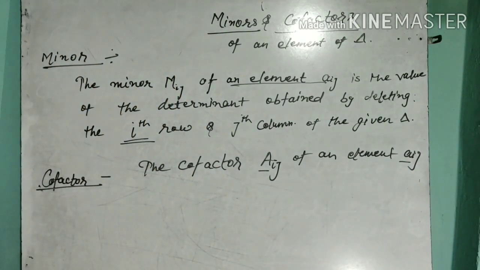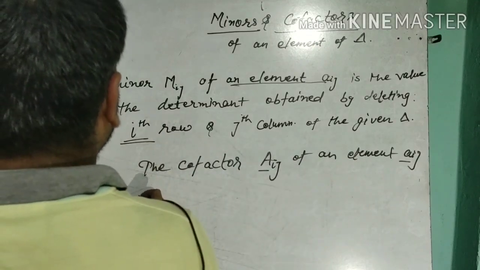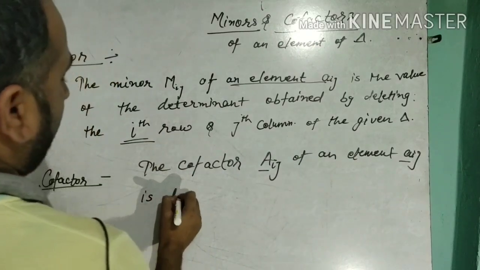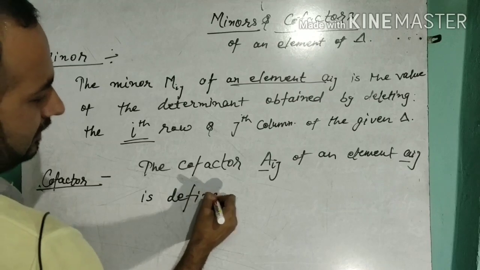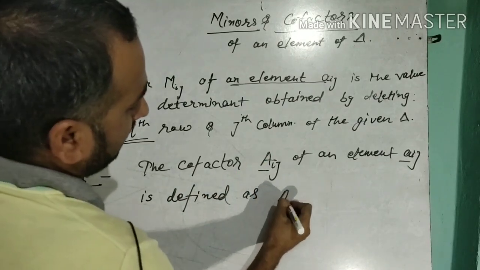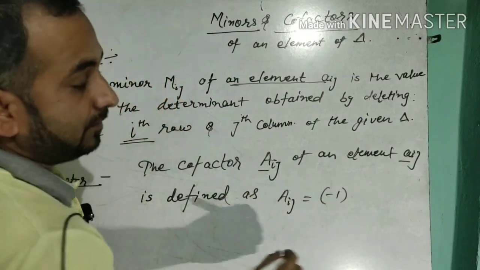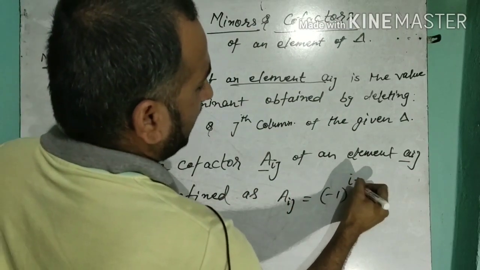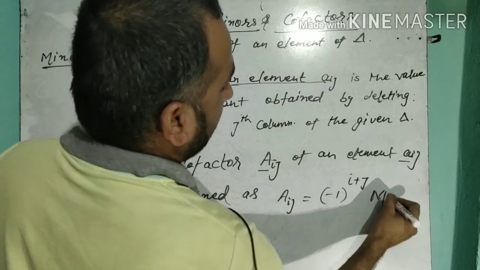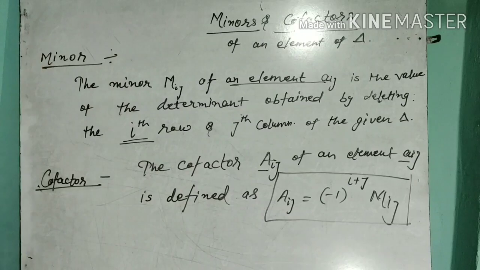The cofactor is defined as follows. Aij is equal to (-1) to the power i plus j times Mij. This is the general definition.